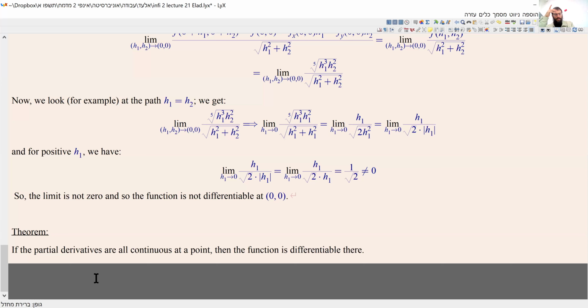It's not true for the other way around. I mean, a function can be differentiable, the limit is 0, but one or more of the partial derivatives is not continuous at the specific point we look at. What does it mean?